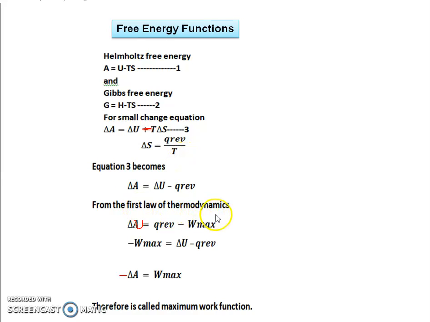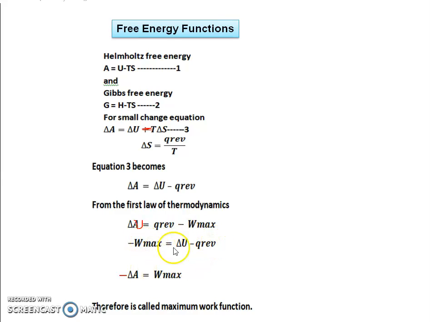From the first law of thermodynamics, delta U is equal to Q reverse minus W max, so minus W max is equal to delta U minus Q reverse.